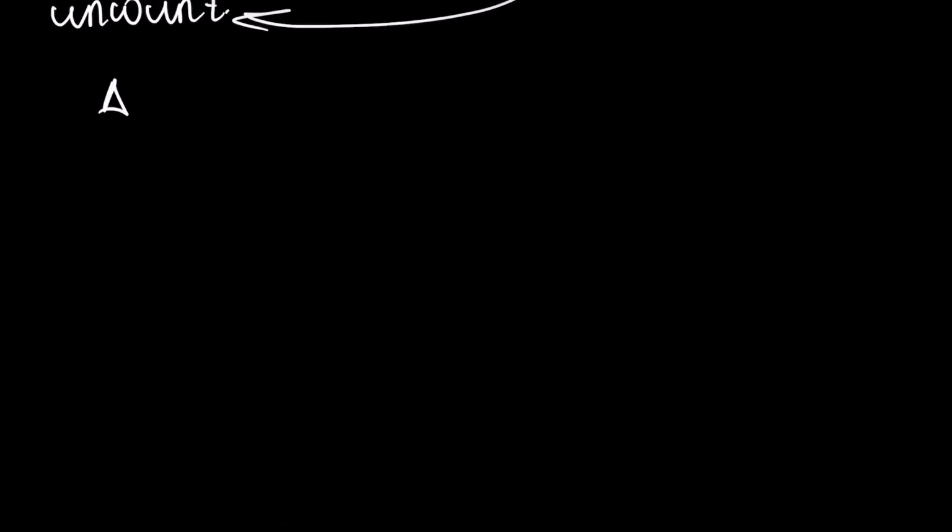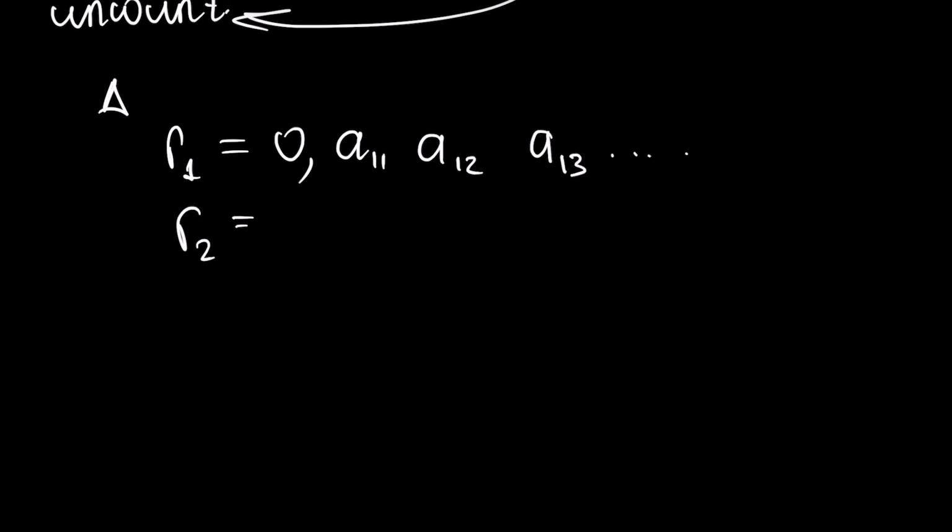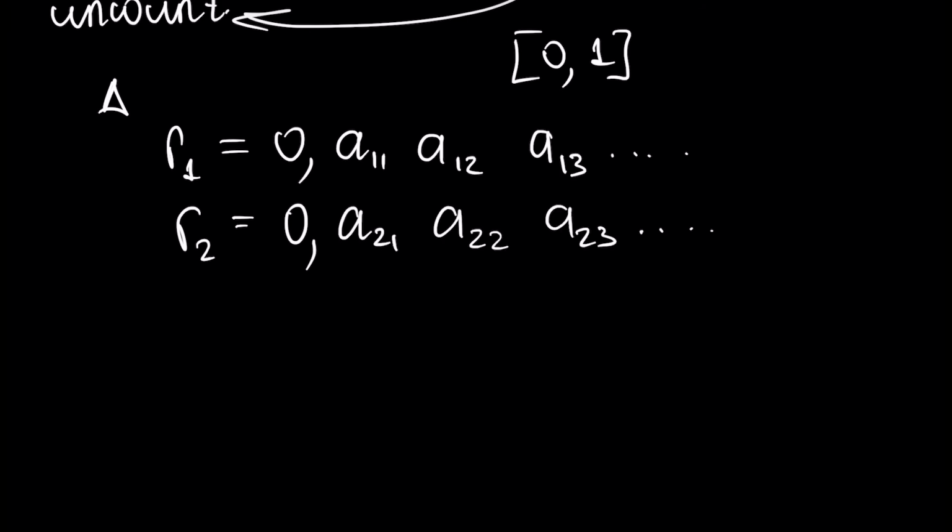Okay, so let's begin our proof. Assume we have a countable number of elements in this segment. The first element, R1, is equal to 0 point some digits, A11, A12, A13, and so on. The second element is also inside this segment, 0, 1, and also can be represented in its decimal form as A21, A22, A23, and so on.